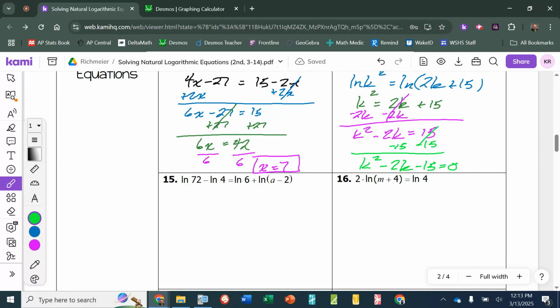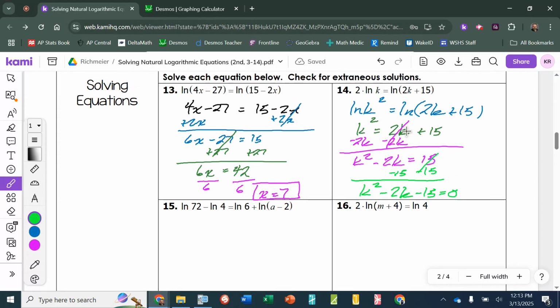So I've got a quadratic, so now I need to think about solving. And the way I'm going to solve this is through factoring. So I need to try and think of two numbers that would multiply to be negative 15, but would add up to be negative 2. And that's right.